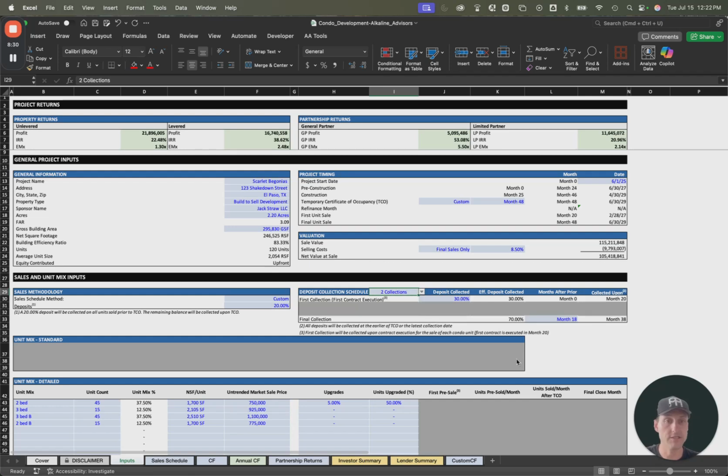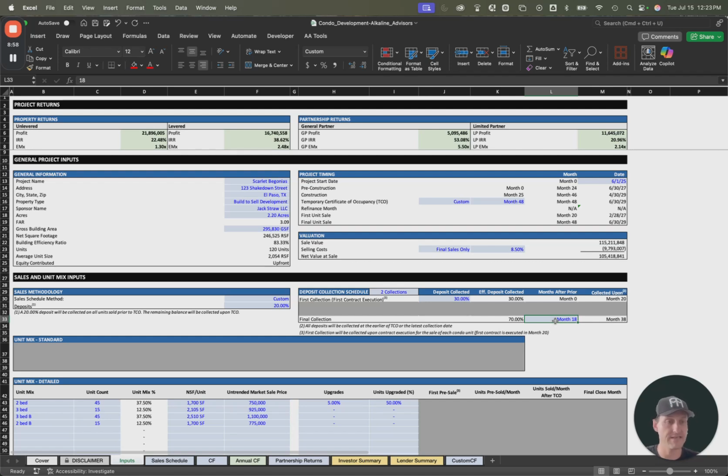If we have 2 collections, we can say, okay, we are going to collect 30% of the 20% at the point where we are signing the contract. And then in this scenario, we're going to collect the additional 20% after X amount of months. So in this scenario, we're saying the final collection would be some arbitrary figure.